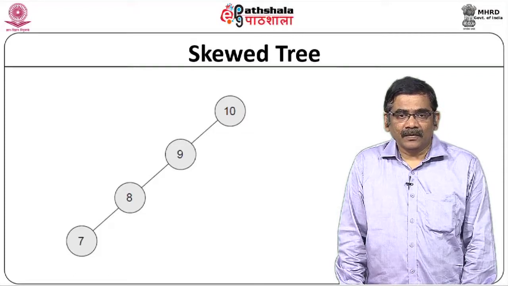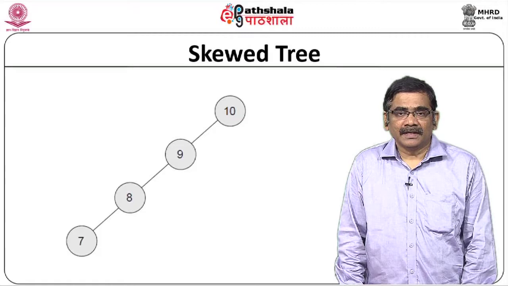Nothing is wrong with this particular tree, but this is skewed towards the left direction. In other words, this tree is not a balanced one. Therefore, to avoid this, there is a necessity to balance the tree.